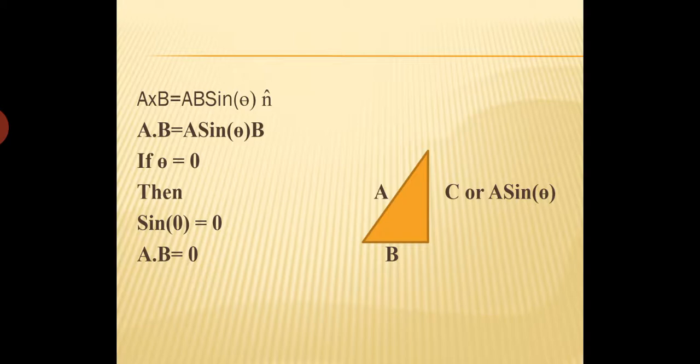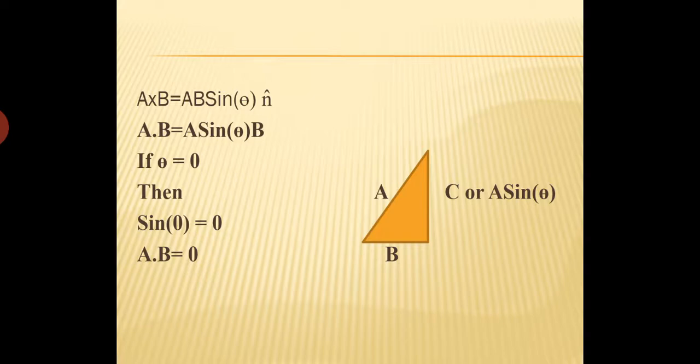In scalar product, as the result was a scalar quantity, there was no need to write the unit vector n. And here its output is a vector quantity, and vector quantity is based on magnitude as well as direction. So for direction we will use the unit vector n.